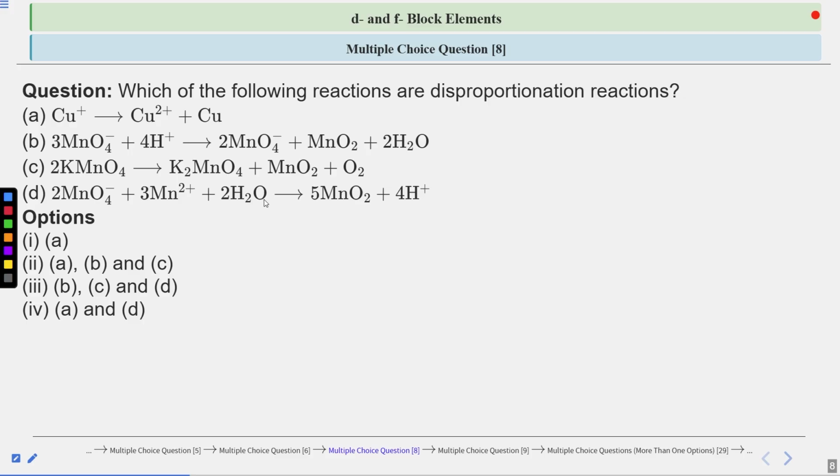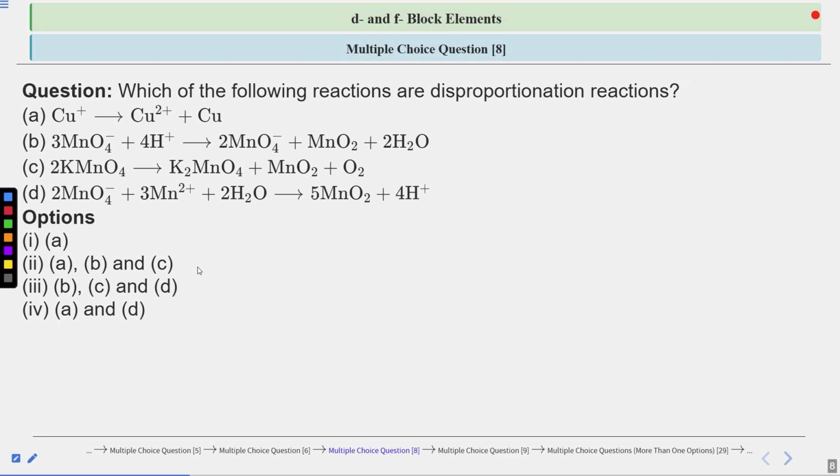These are the 4 different reactions given. You have to identify the disproportionation reactions and then choose the correct option. The options provided are A, B and C; B, C and D; or A and D.